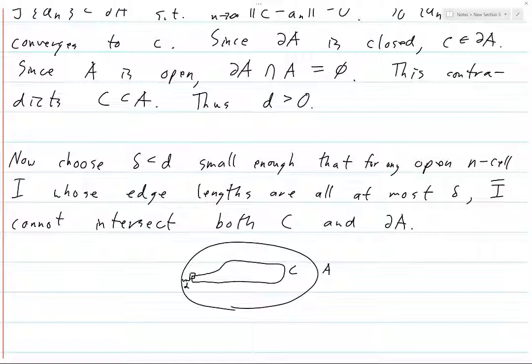All that matters is that you can choose some delta small enough. Maybe delta is like D divided by 3 or 4. There's something you can get which will guarantee that any open n-cell I will satisfy this thing that I've just said.